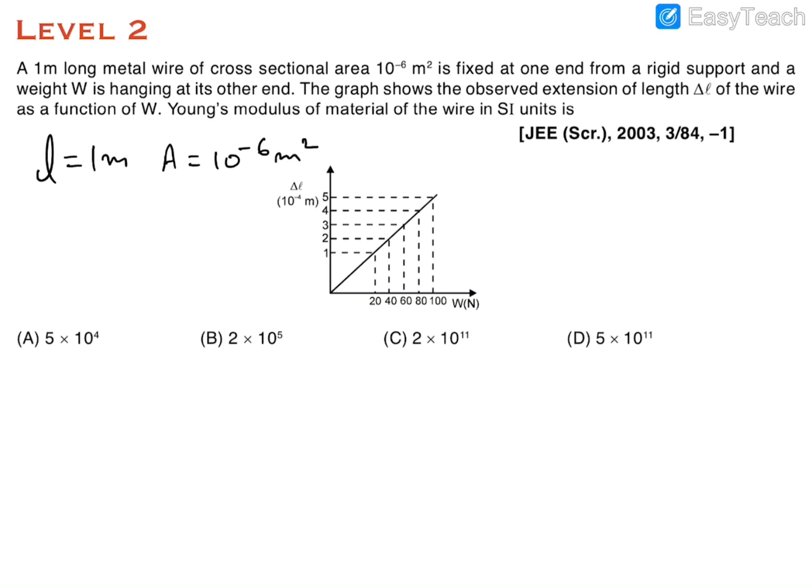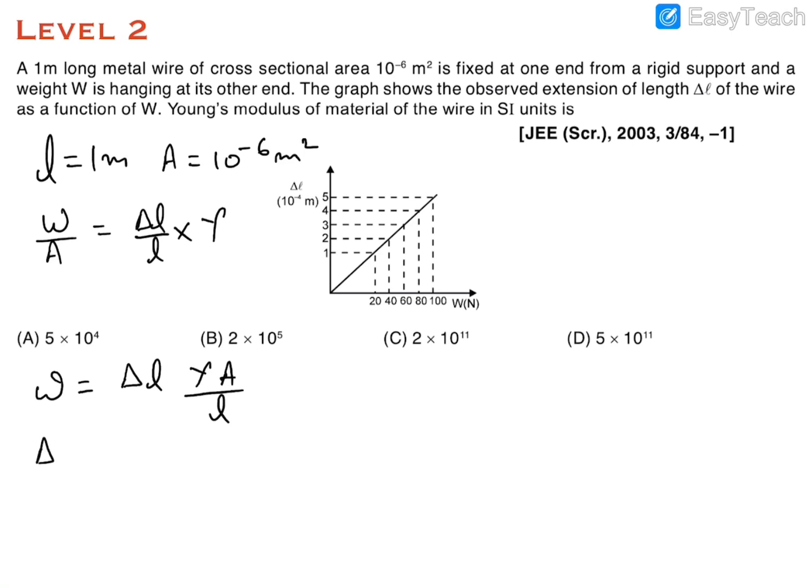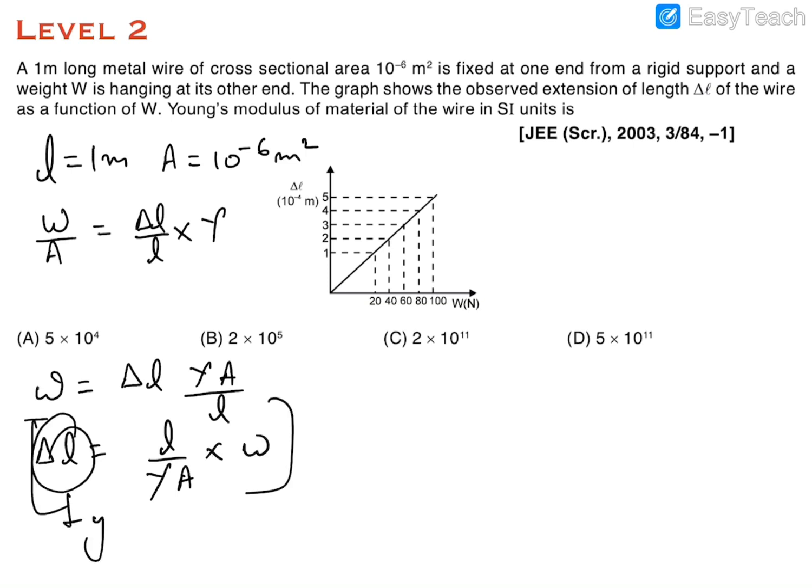So we know that force upon area, which is weight upon area, is equal to delta L by L into gamma, and W is equal to delta L gamma A by L. Now this is delta L is equal to L by gamma A into W. Now you can see that delta L is plotted in the y-axis and W is plotted on the x-axis.